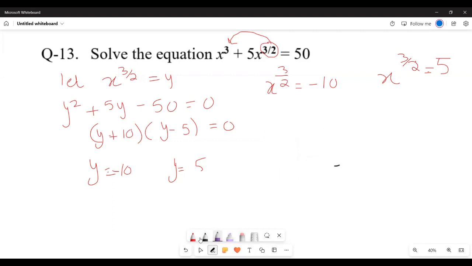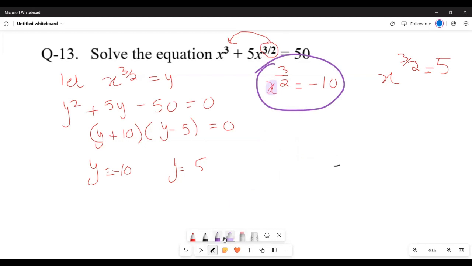So again, for this one, you're not going to take power 2 by 3 on both sides, because that will give you an answer, but it won't be correct. It will give you a positive answer. And then when you take power 3 by 2 of a positive value, your answer will not be minus 10 ever. So that is why there's no solution here.